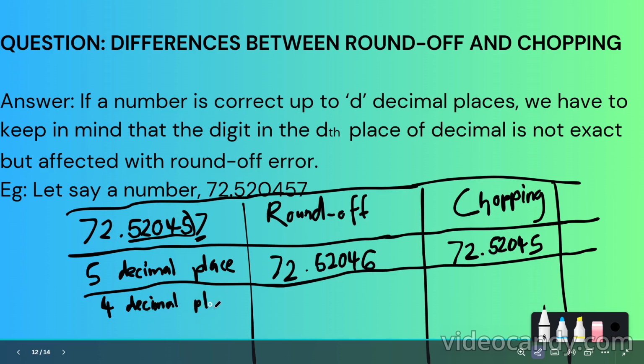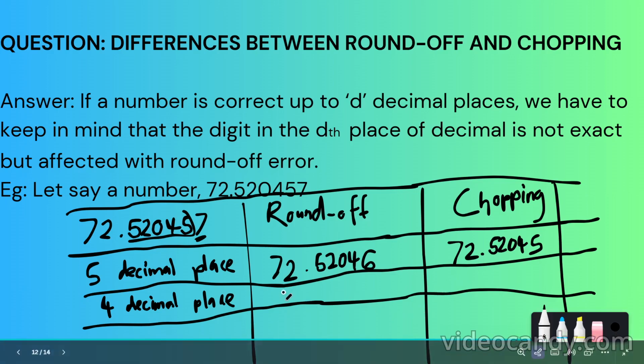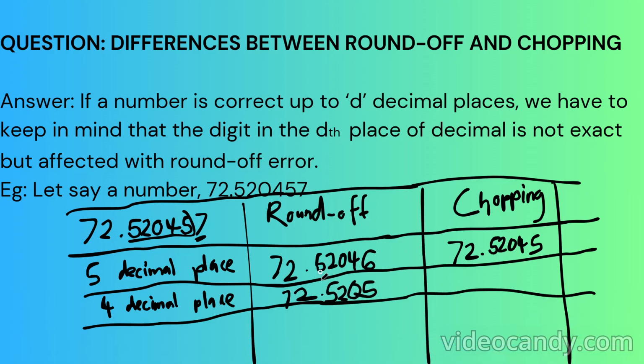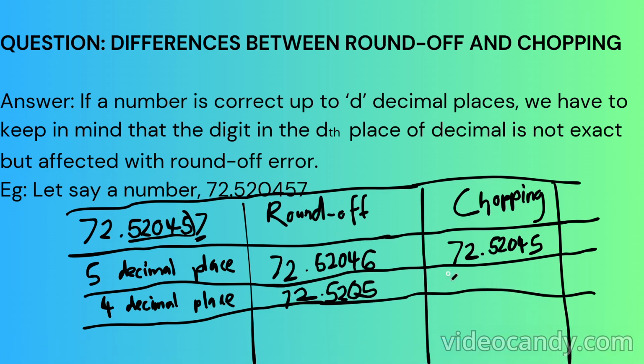The second one is 4 decimal places. The round-off for 4 decimal places is 72.5205. Next, the chopping is 72.5204.